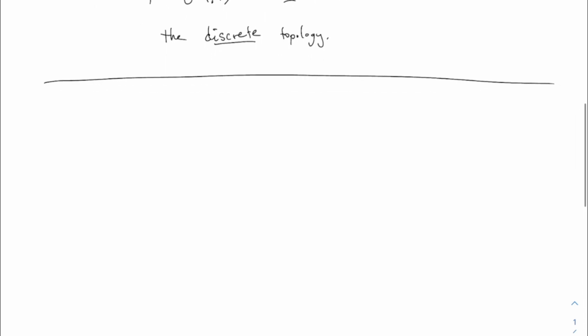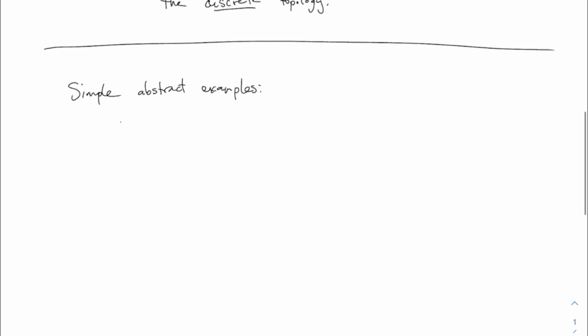Okay, how about just simple abstract examples? Here's an example which has nothing to do with R or epsilons or anything like that. How about let's just imagine that X, the entire set, is just 3 things, A, B, and C. And my topology has to be telling you which sets are open.